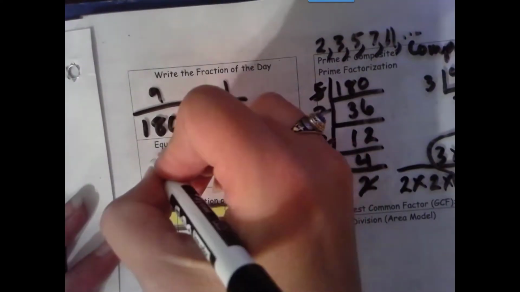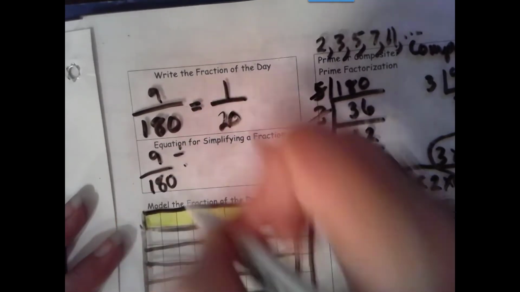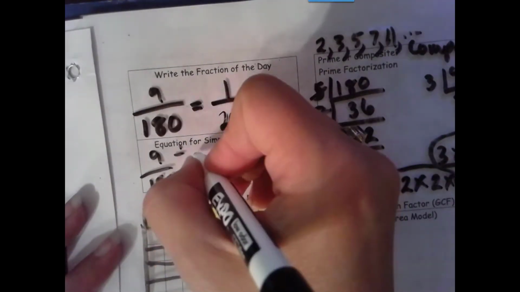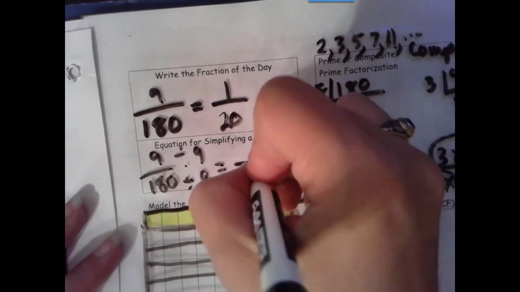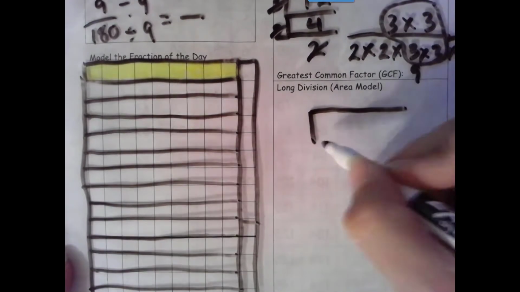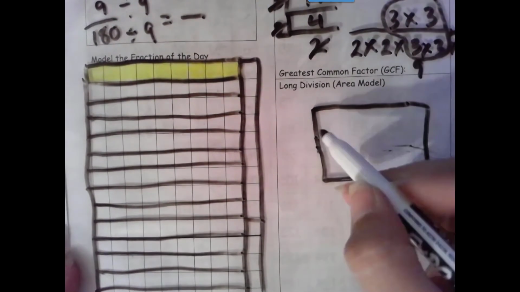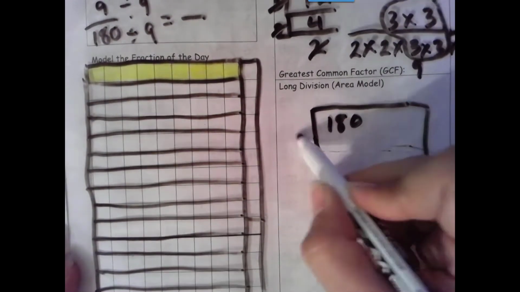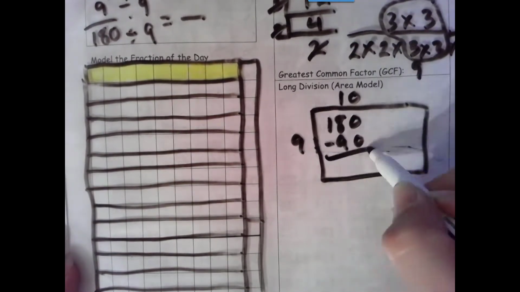Okay, let's go ahead and prove it with our division, because we divided in our model, but now we need to do it with our algorithm. So we divide by our greatest common factor. Using our area model, starting with 180, 10 times 9 is 90.